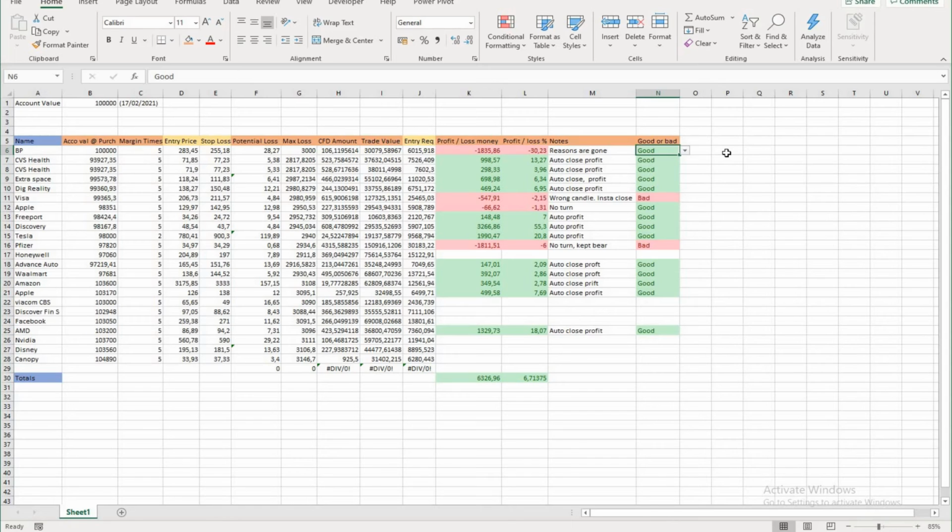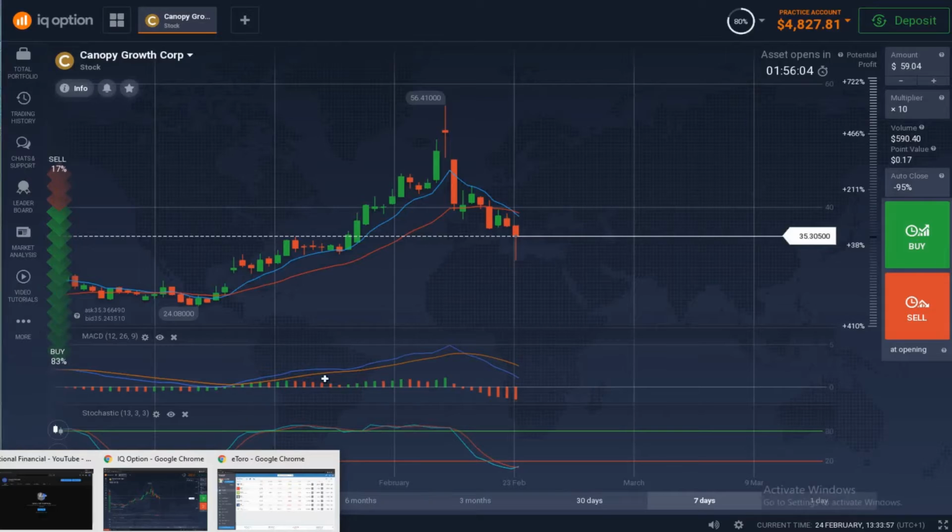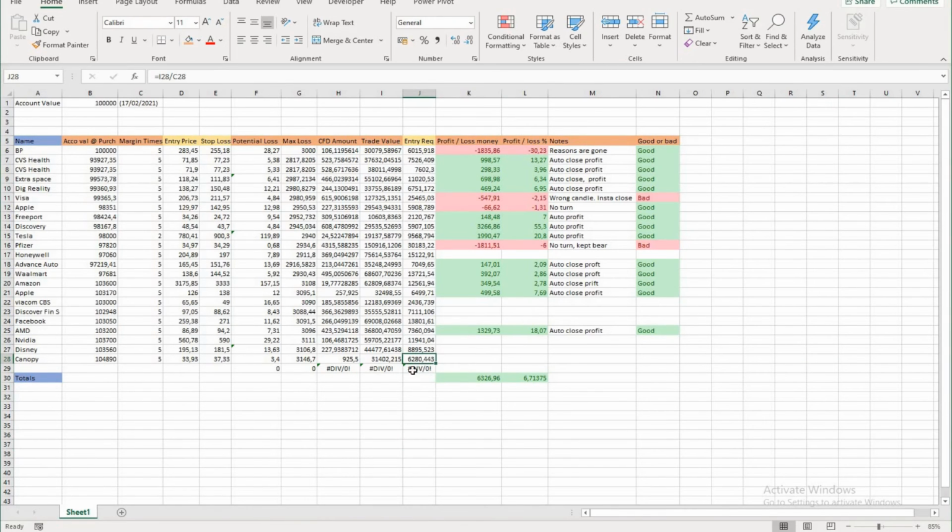I followed my strategy, but I lost money. But why is it a good trade? Because I followed my strategy. If I follow my strategy, eventually it will work out. Theoretically, it will work out and I will make money. So that's why the end goal is to make good trades, not to make money.